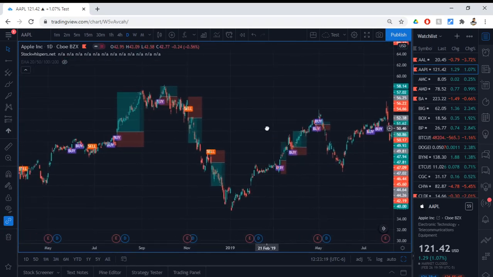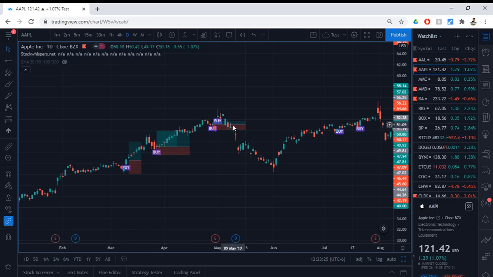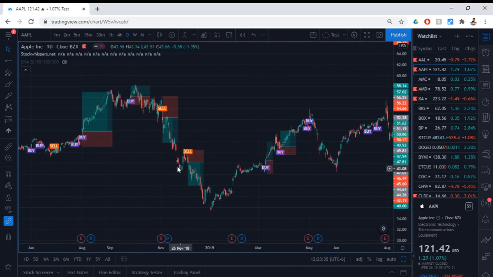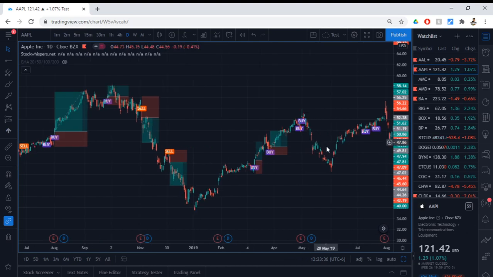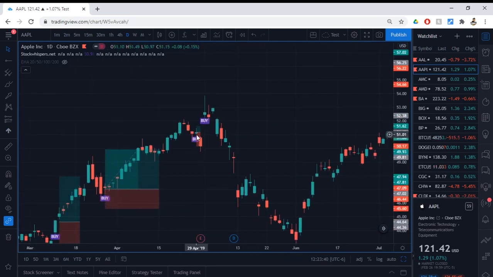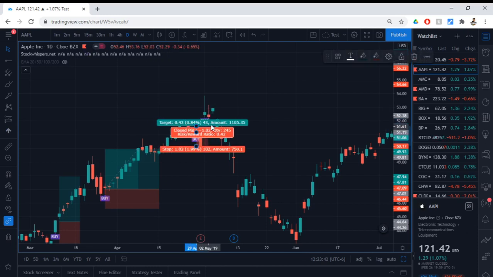Let's see what happens, right? 1, 2, 3, 4, 5, 6, 7. So in the last 7 trades, I lost one. I lost this one. I was stopped out on this one, and then this one.